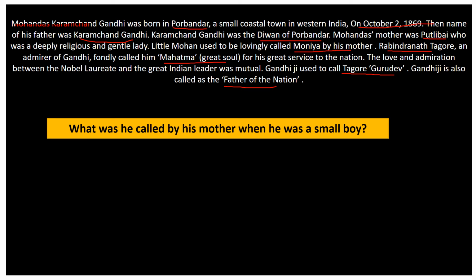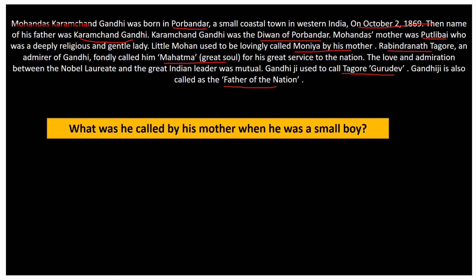Now see why it takes less time, because I have already marked. I make my work easy. Names I have already marked. So here is, what was he called by his mother when he was a small boy. So a name I need to write, and I need to search for this answer among these many names.